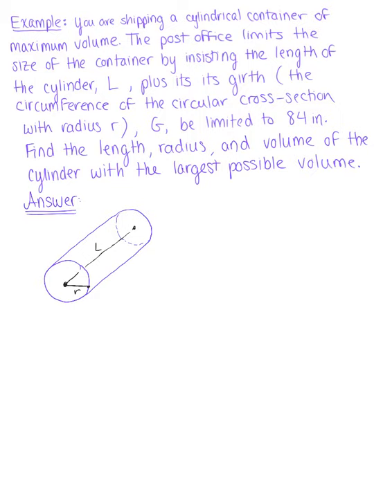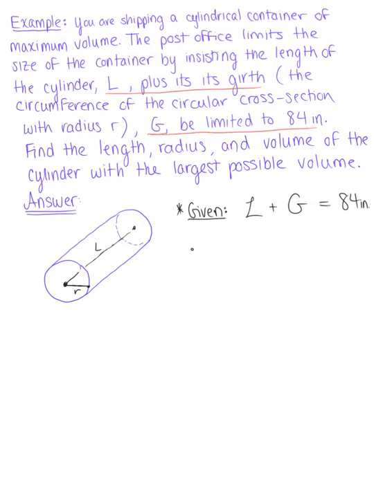So in the question, let's think about what we are given. We can see here that the post office is limiting the size of the container such that the length plus the girth is limited to 84 inches. So we are given that the length of the cylindrical container plus the girth is equal to 84 inches.